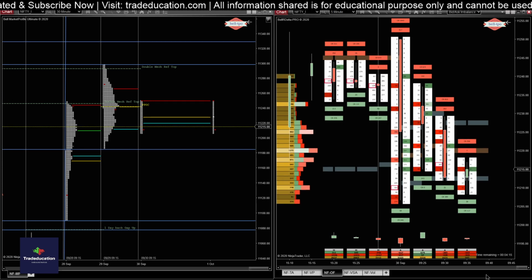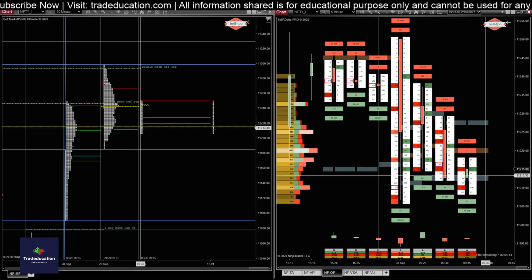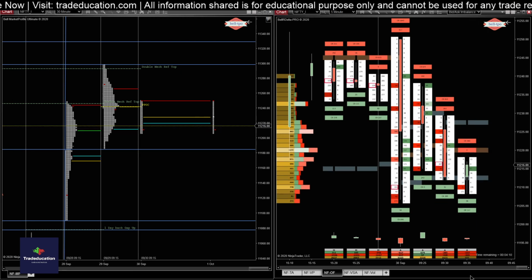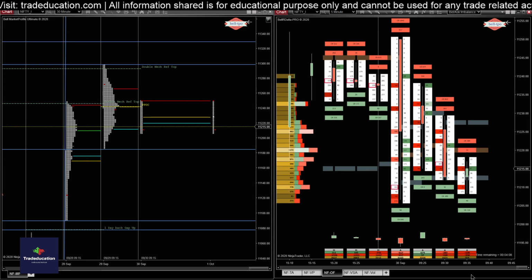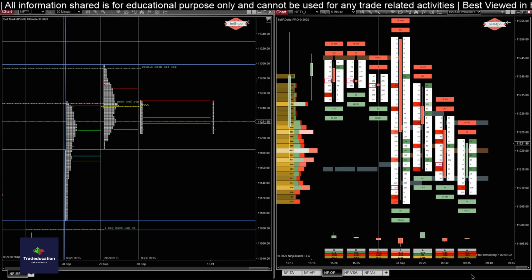So who's buying here and who's selling here? I'm just thinking, who's buying here? Just tag the VWAP.